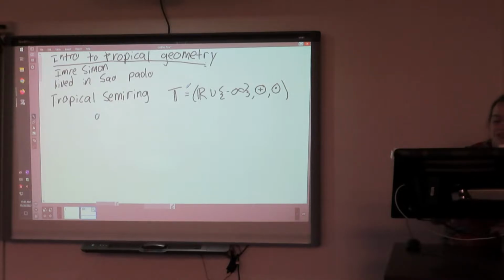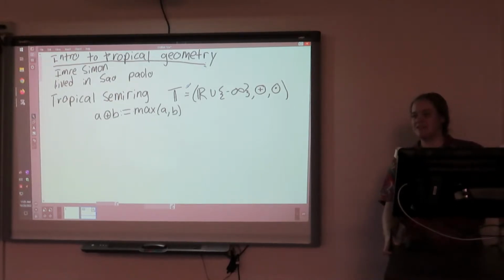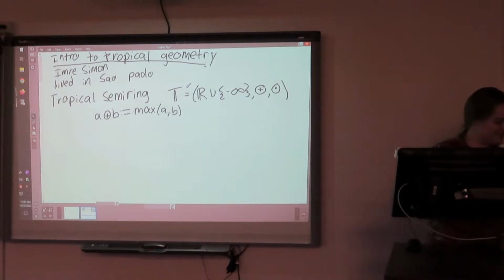Our tropical addition, A plus B, is defined as the maximum of A and B. This is a choice you make. Some people use minimum, some people use maximum. Today we're using maximum. A times B is defined as A plus B.